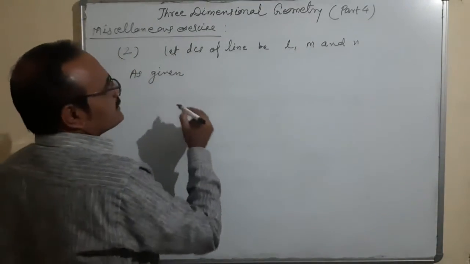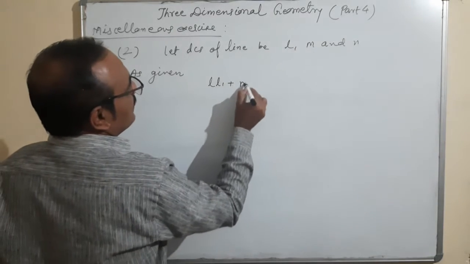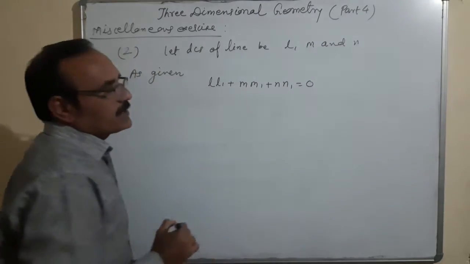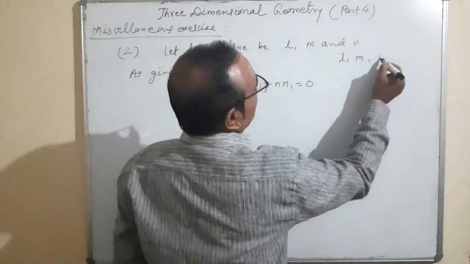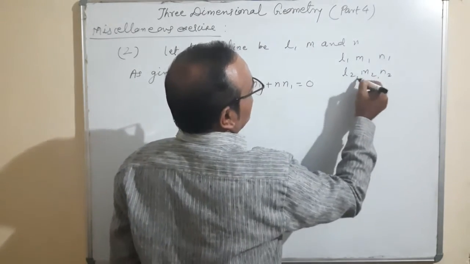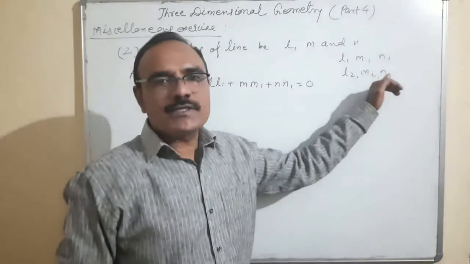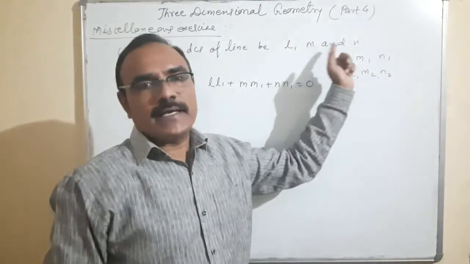So as given, l l1 plus m m1 plus n n1 is equal to 0. The condition is they are mutually perpendicular to each other, as well as perpendicular to the line whose direction cosines are l, m and n.